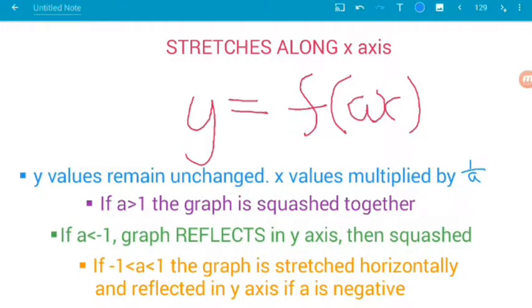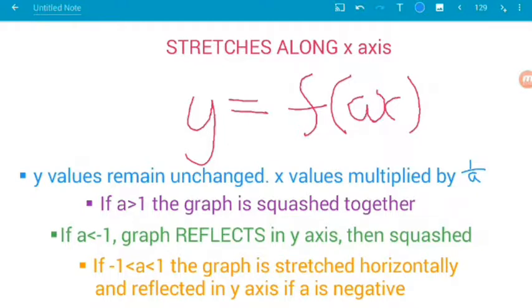as always when we're dealing with transforming the x part of a function instead of the function itself, things get a little bit counterintuitive. So what happens when we multiply the x term in the function? The y values, so the y-intercept and the y-coordinates of maximums and minimums, stay the same. The x-coordinates, if we transform to f of a x, are multiplied by 1 over a.